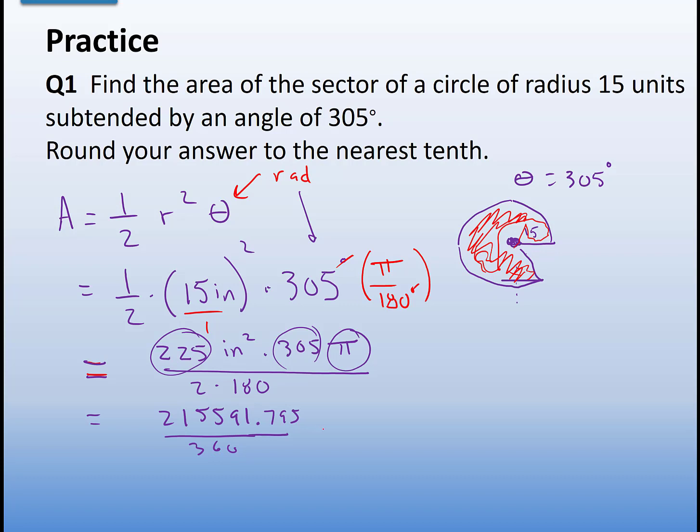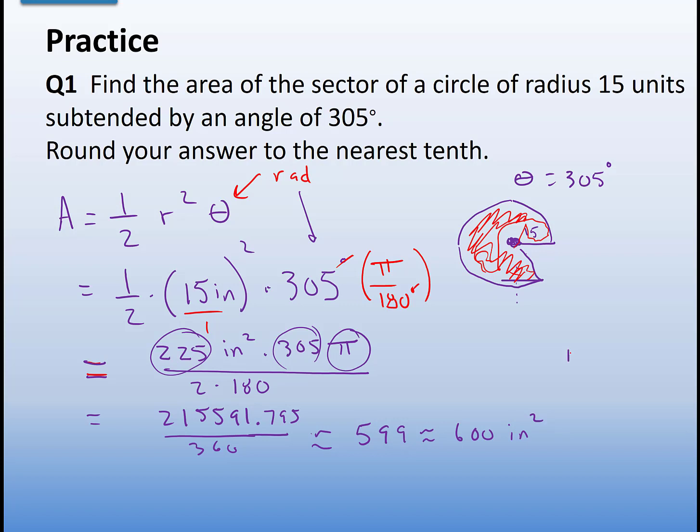And when I finally divide that off, let's round it. We will get approximately 599. I just want to call that 600. And what are the units? The units are 600 inches squared.